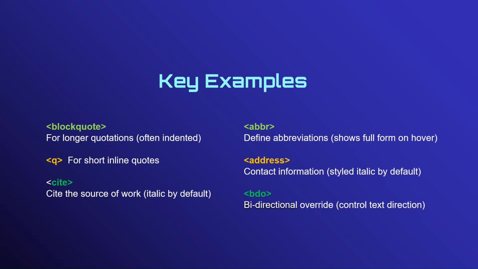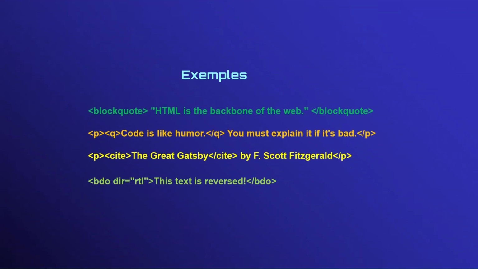We also have the bidirectional override tag, an element in HTML code that we use to change the direction of particular content. It's rare to see this used on websites. So these are some of the examples that we have: the blockquote, the quote, the cite, and the bidirectional elements.